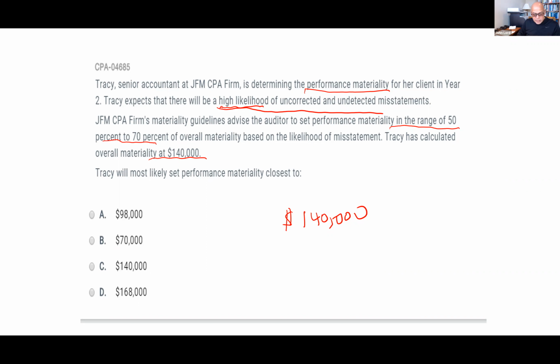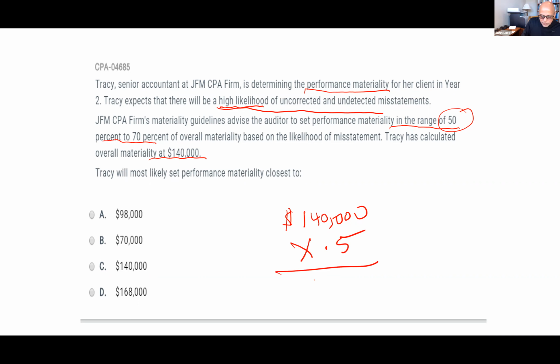Whereas if there's a high likelihood of material misstatement, then I'm going to use the lower end of the range. That'll bring that number down, and as that number comes down, my audit scrutiny is going to go to a much broader universe of the transactions. If I find a misstatement of a smaller amount, I'm going to start to investigate and potentially ask for adjustments, etc.